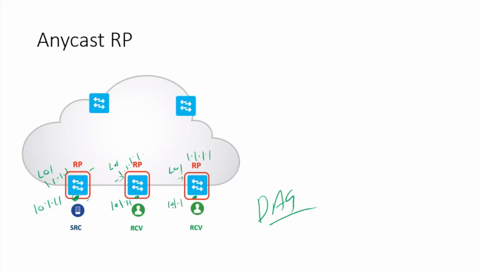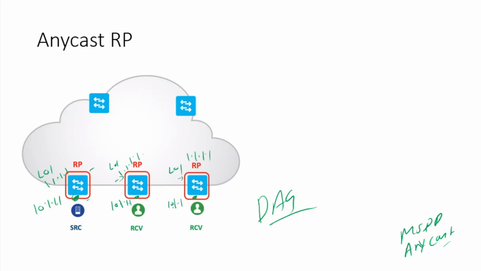For anycast RP, you may say that Sunil, you have talked about this in earlier PIM cases also. But there you have implemented MSDP. Or we have talked about anycast PIM also. Nothing like that you implement here.